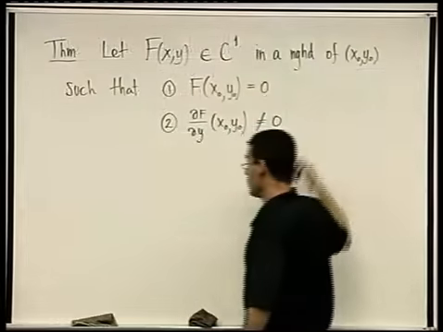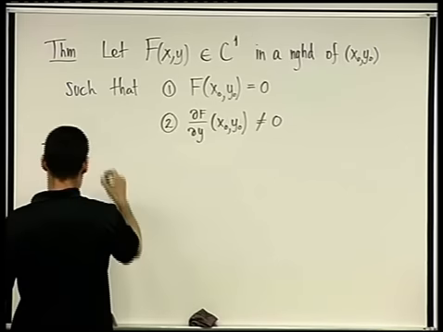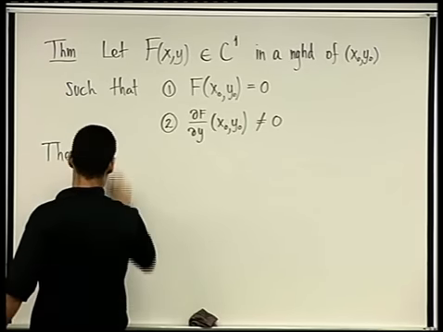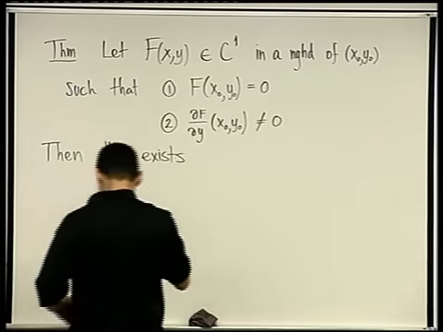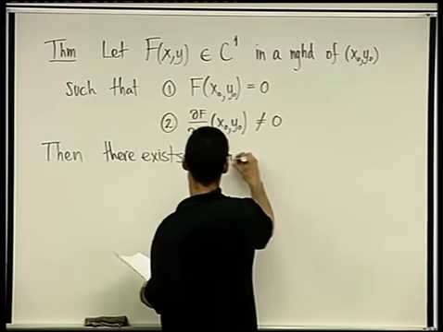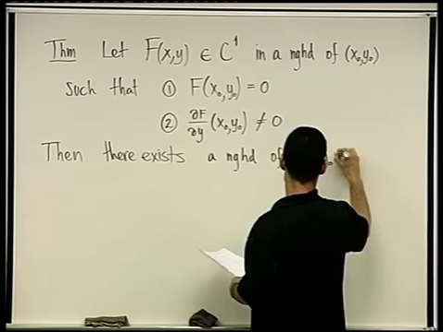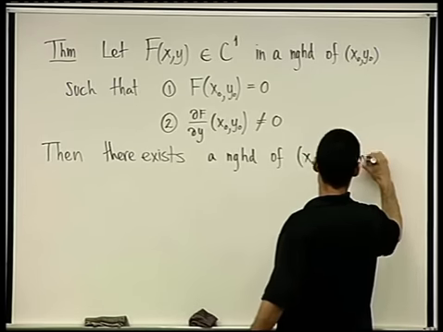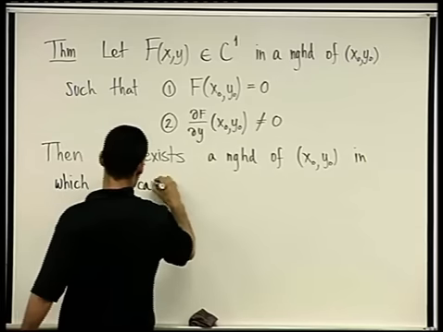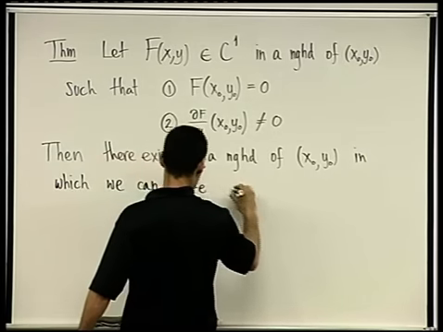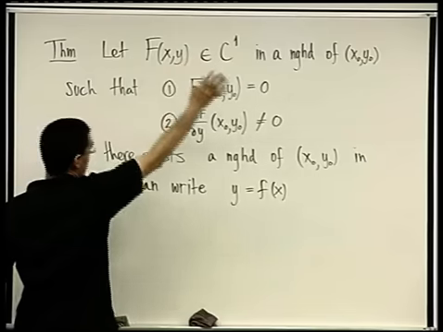If these conditions hold, then there exists a neighborhood of x0, y0 in which we can write y equals f of x rather than f(x,y) equals 0.